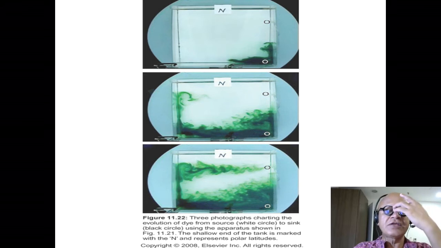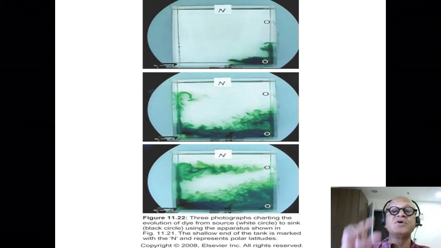This is shown again with this cute little experiment where this sloping surface, sloping bottom is created from the north to the equator, and we are again on the rotating tank. Every time you see north as a direction as opposed to the equatorial direction on the other side in a water tank, you create it by having this sloping bottom to create shrinking of the Taylor columns.